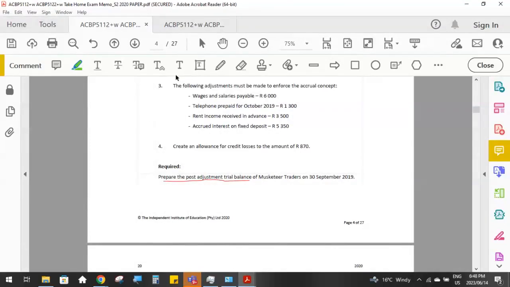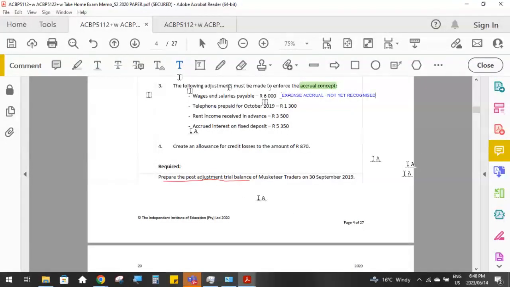Then adjustment number 3, the following adjustments must be made to enforce the accrual concept. So remember, we've got 4 different accruals. We've got what I call the expense accrual, where we have expenses that we haven't yet recognized, so we must record the expense.